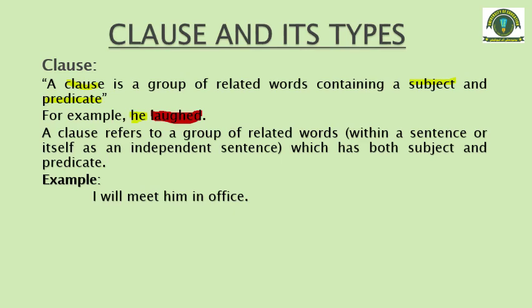Let's take another example. I will meet him in office. Now can you spot the subject? Yes. I is the subject, the one who is performing the action, and will meet him is the predicate.